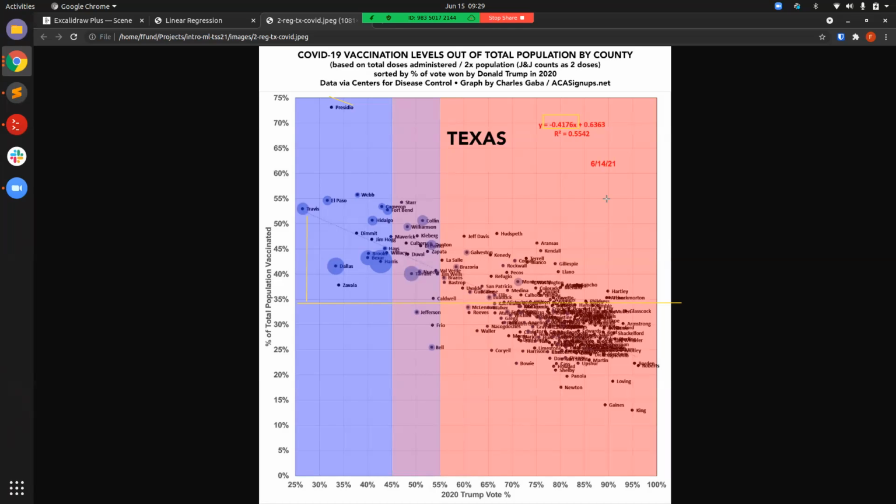Can we say that an increase in the 2020 Republican vote share causes the vaccination level in a county to decrease? Well, does this model tell us anything about causality? Does it tell us that one causes the other?